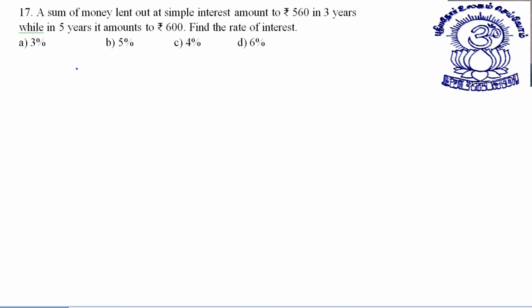See, we already know that the interest is same every year in the case of simple interest. Okay, so the amount after 5 years, and we are given the amount after 3 years. The amount after 5 years, while in 5 years it amounts to 600. Or rather, I should write P plus 5I.